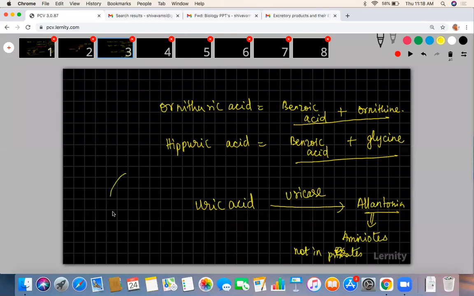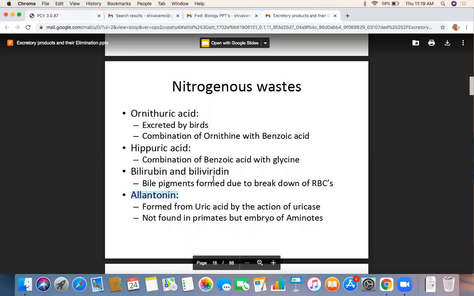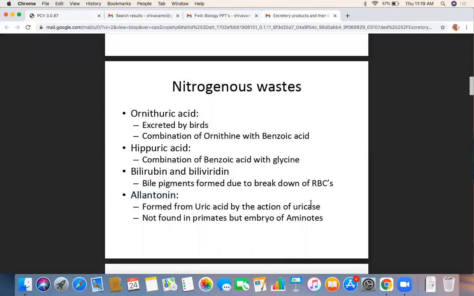In those organisms which have amniotic fluid, that is, when a child is formed, you have this amniotic fluid in the womb. When an organism has that amniotic fluid, this allantoin is produced. Allantoin is formed from uric acid by the action of uricase.